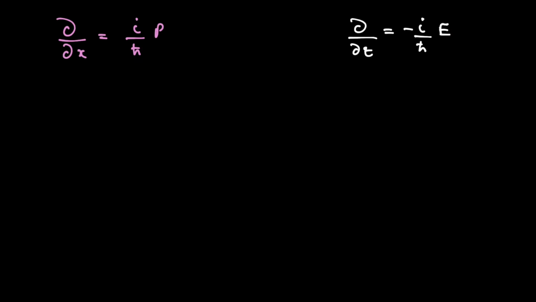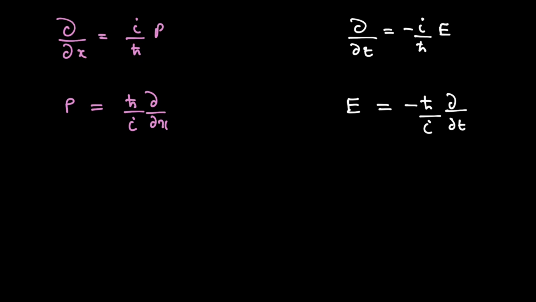So here, if we make p the subject, we get p equals h bar over i times the partial derivative with respect to x, and on this side, making E the subject, we get E equals minus h bar over i times the partial derivative with respect to t.